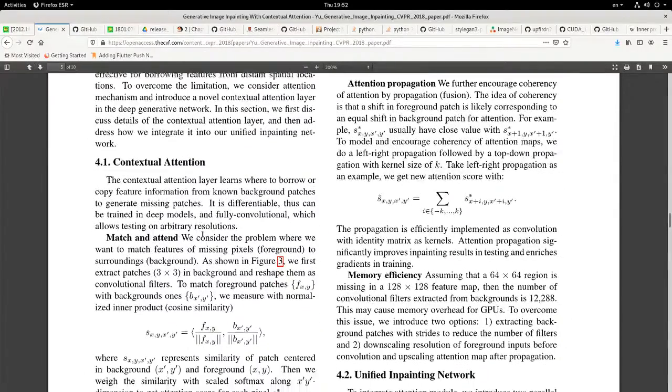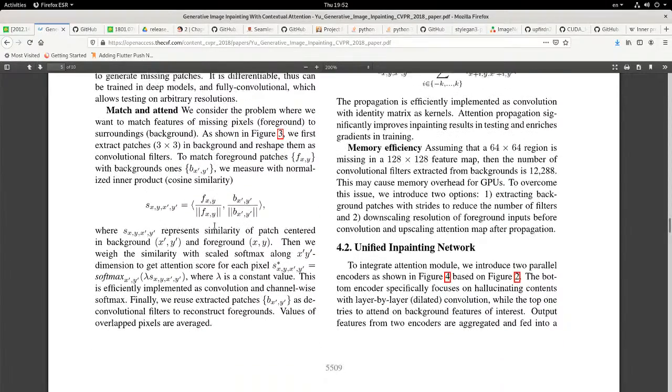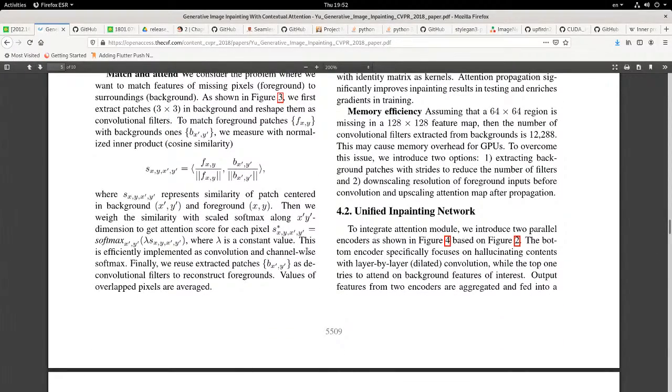I just want to make sure I'm... Then we weigh the similarity with scaled softmax along the x prime y prime dimension to get attention score.